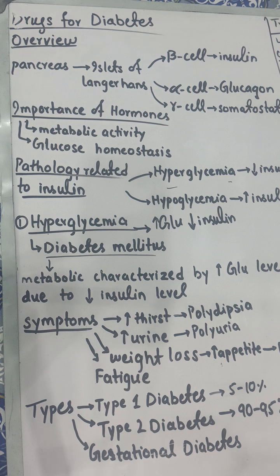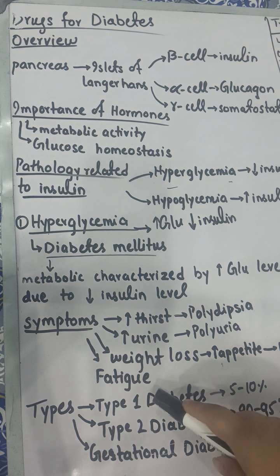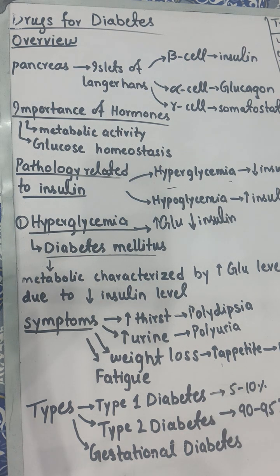Your body cells need insulin to move glucose inside the cell and to make energy from that glucose. So due to the decrease in insulin, your body cannot consume the high levels of glucose. Glucose begins to accumulate and increase in the body but cannot be used. Therefore weight loss and fatigue happen, because you cannot make energy from it, so you feel fatigue.